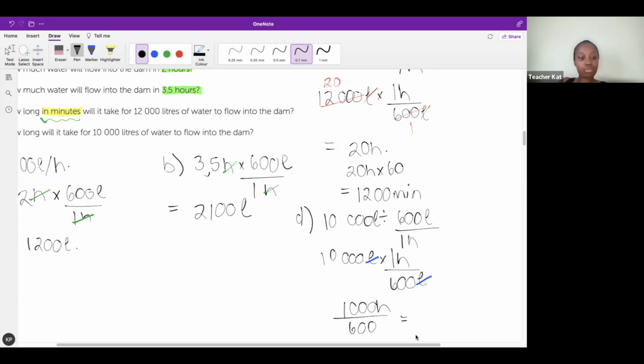And what is that with decimals? What's 10,000 divided by 600? Anyone? Of course, I wrote 1,000 and 10,000.